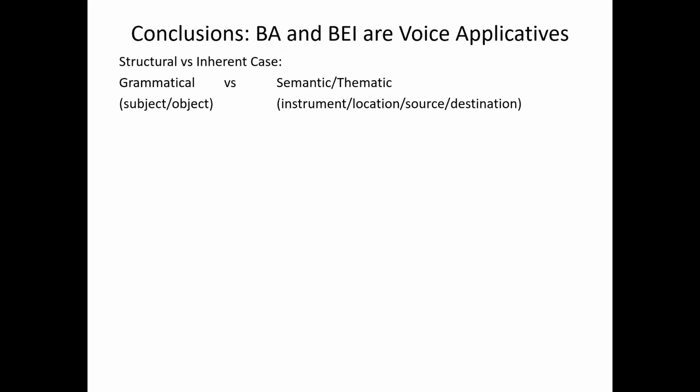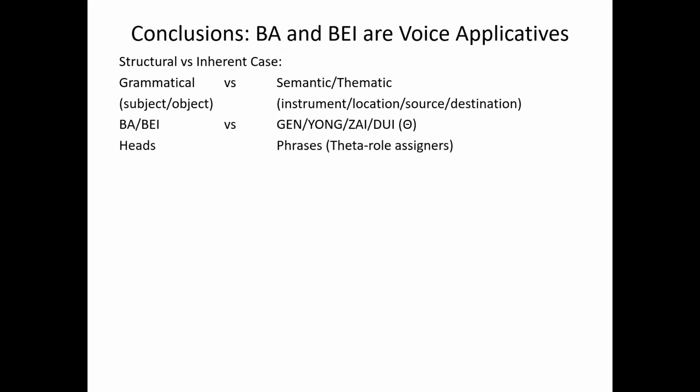And then traditionally, there's this distinction between structural case and inherent case. Structural case tends to be grammatical. It denotes grammatical relations like subject and object. Inherent case tends to be more semantic and thematic, and seems to denote semantic roles like instrument, location, source, and destination, etc. And this roughly applies to all the other co-verbs like yong, tai and dui, etc. The other co-verbs seem to be theta role assigners.